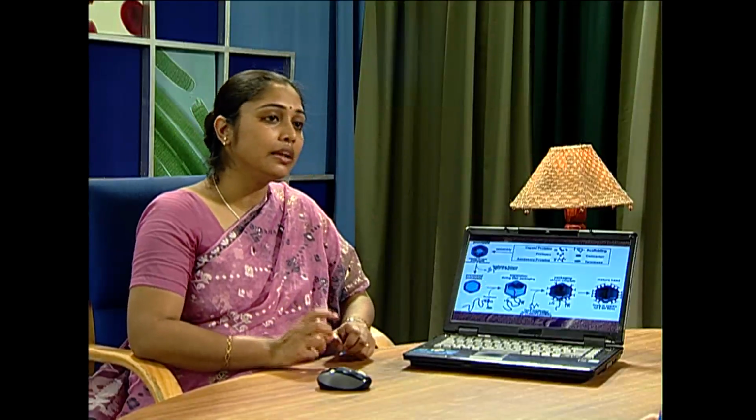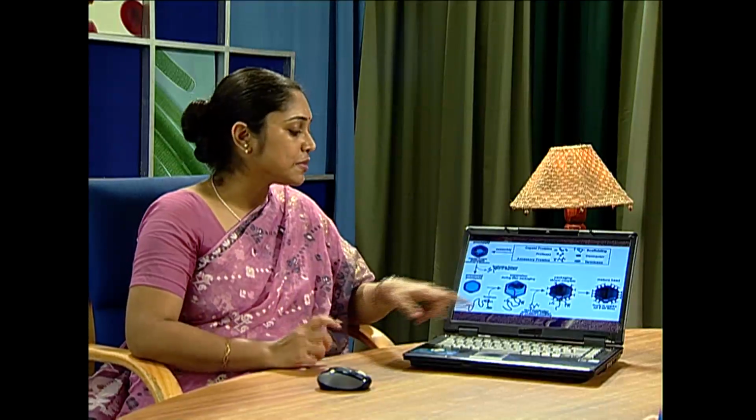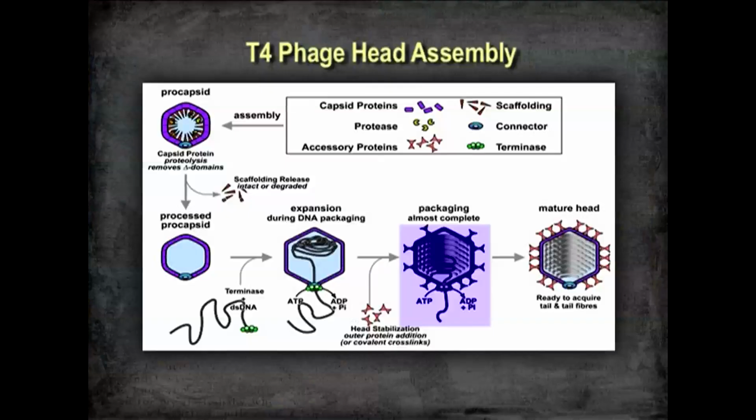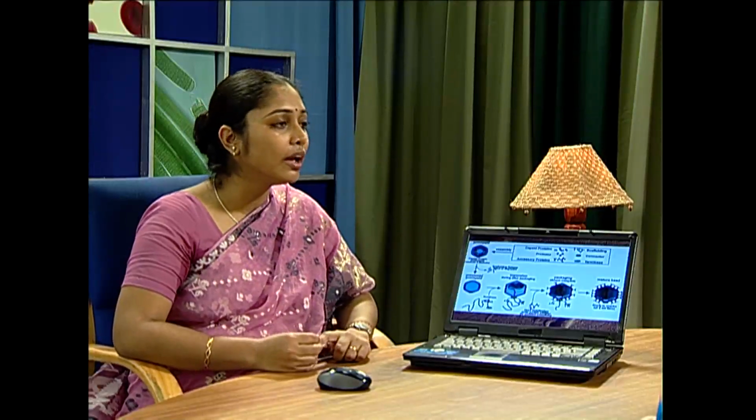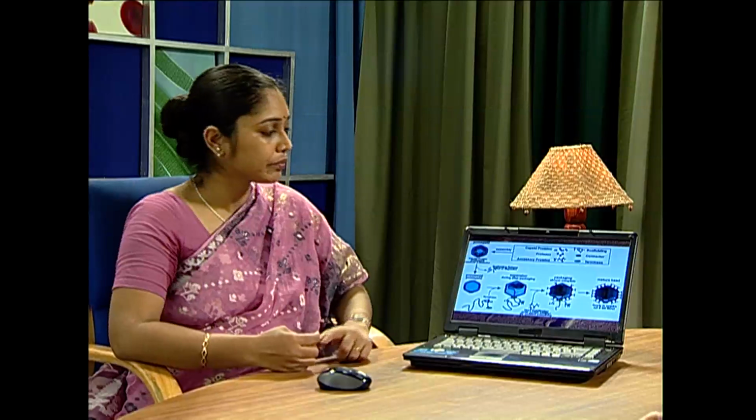And this packaging needs energy. The energy comes from ATP hydrolysis. Now when the head is full, the terminase complex, which also has nuclease activity, cuts the DNA from the concatemer irrespective of its sequence. This mechanism is called the head full mechanism.